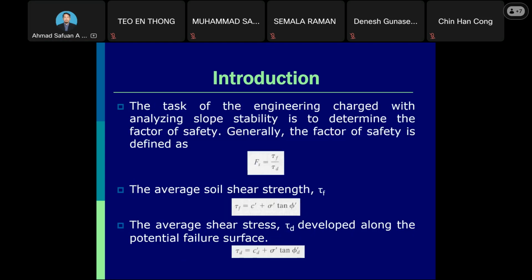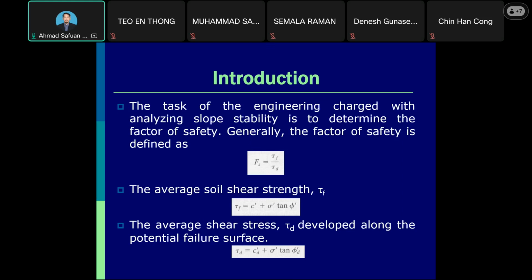The task of the engineer charged with the analysis is to determine the factor of safety. Generally, the factor of safety is defined as tau F over tau D. The average shear strength tau F is equal to C effective plus sigma effective tangent phi.